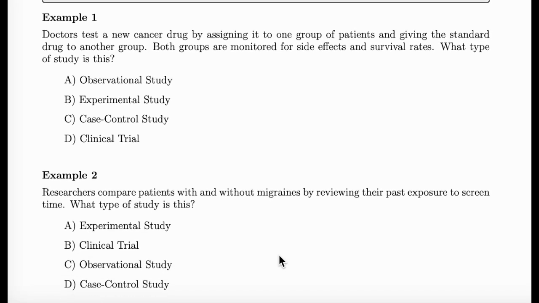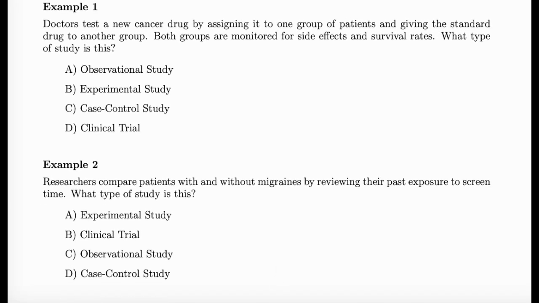All right, let's look at example 1. Doctors test a new cancer drug by assigning it to one group of patients and giving the standard drug to the other group. Both groups are monitored for side effects and survival rates. What type of study is this?